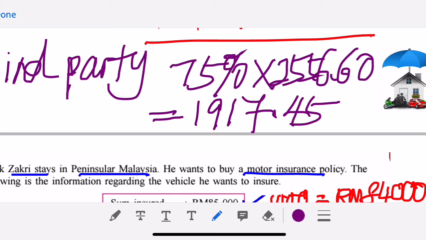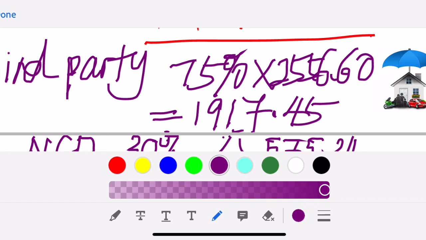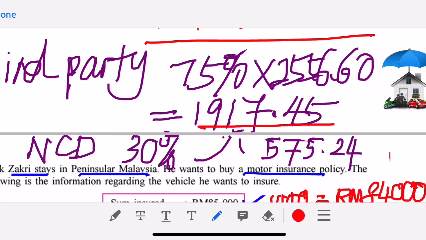So let's minus the NCD. Just now it is 30% of this amount. So 1917.45 times 30%, we will get 575.24. So we will take this amount. We'll take 1917 and minus out the NCD.